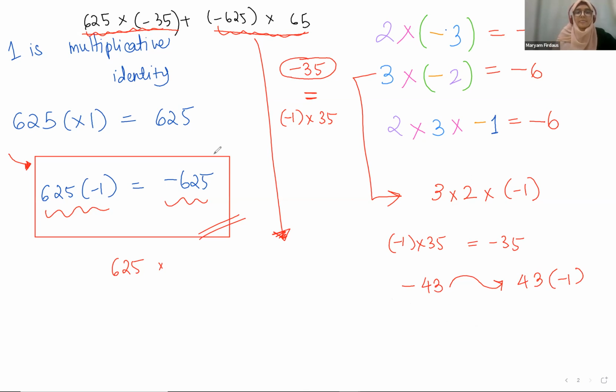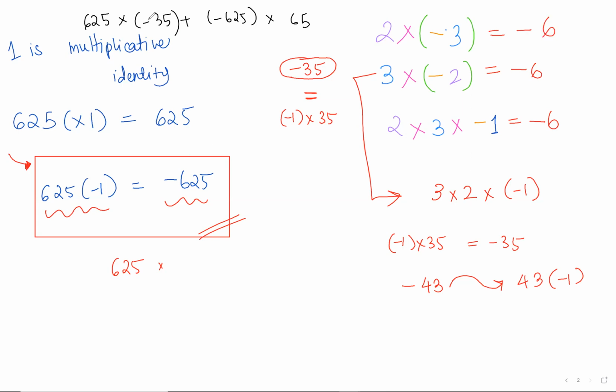So now, can you tell me how do I separate? So why do we need to separate the signs over here? Because... Hiba, you can see that over here there's a negative sign, and in this expression the negative sign is shifted to minus 625.